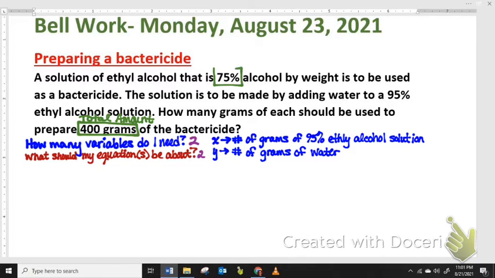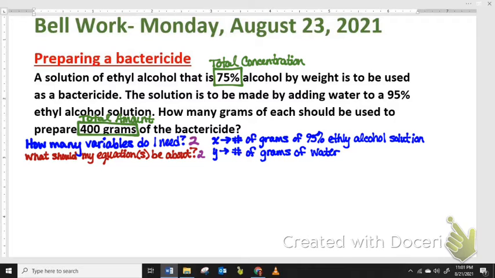75%. That's not a total amount, is it? That's a total concentration. So this is telling me this is 75% alcohol by weight. If I had a way of removing all the water from it, 75% of the volume or the mass is going to be alcohol.